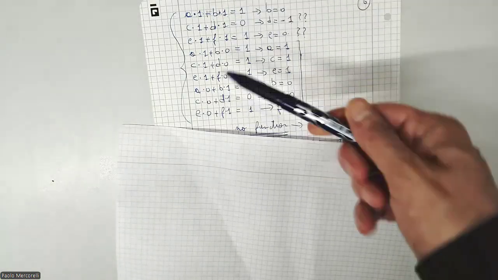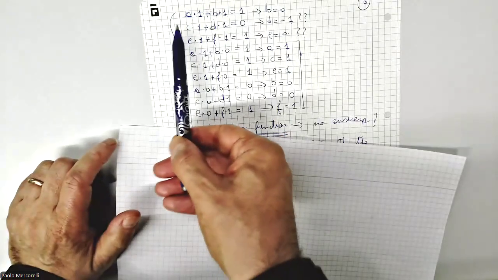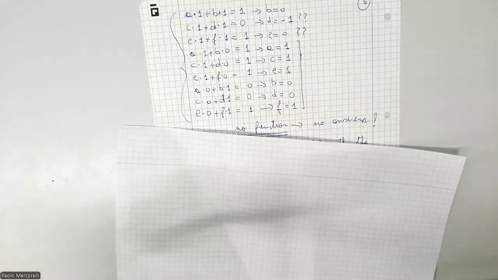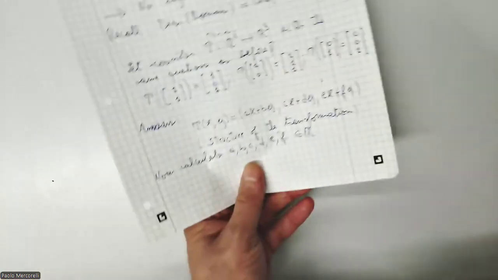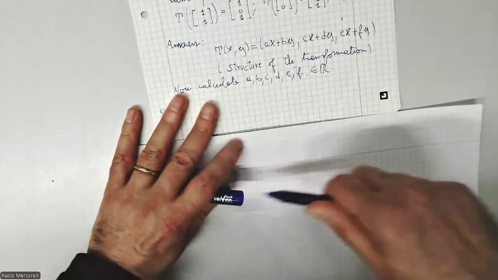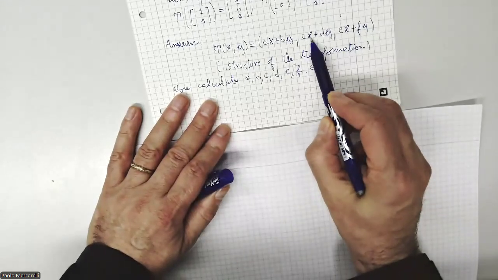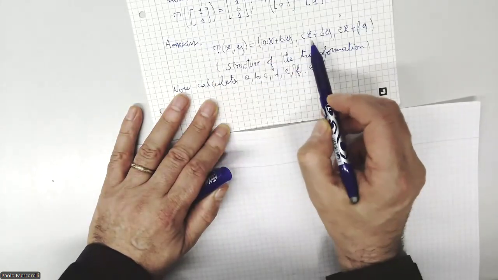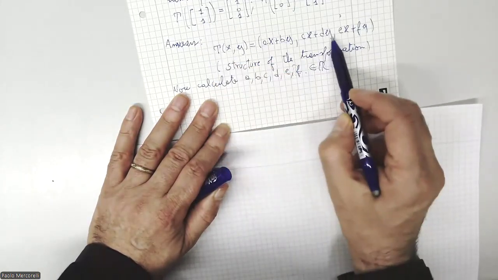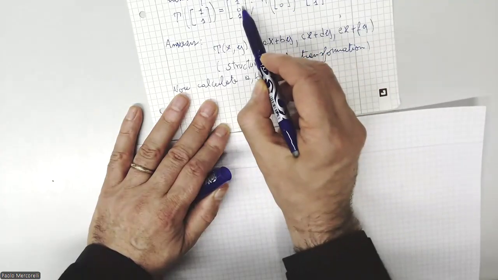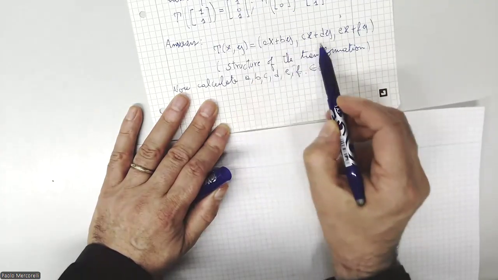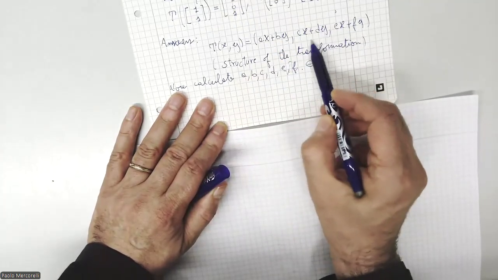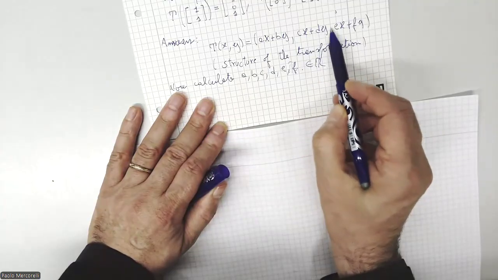Please look just at the second line: why is c·1 + d·1 equal to 0? It's easy, because c·x, with x equal 1, plus d·1, and I have to consider this element of the image, which is 0.